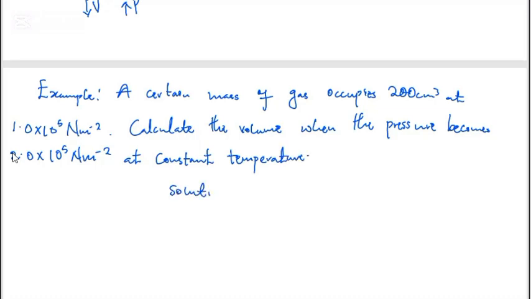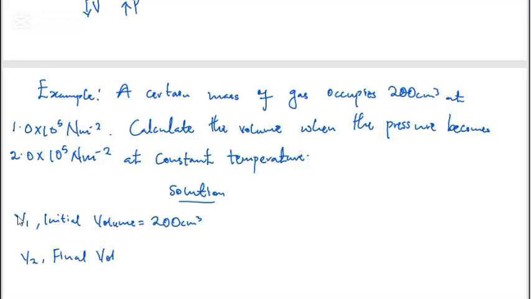Solution. Always write out what you are given. So a certain mass of gas occupies 200 cm3. So what this means is that the initial volume V1 is equal to 200 cm3. Then your V2, which is your final volume, is what we are looking for.